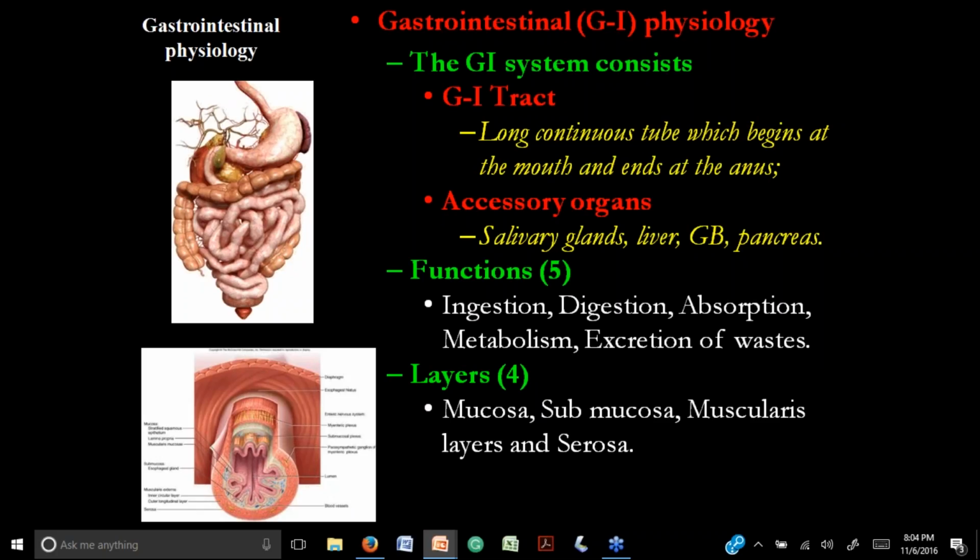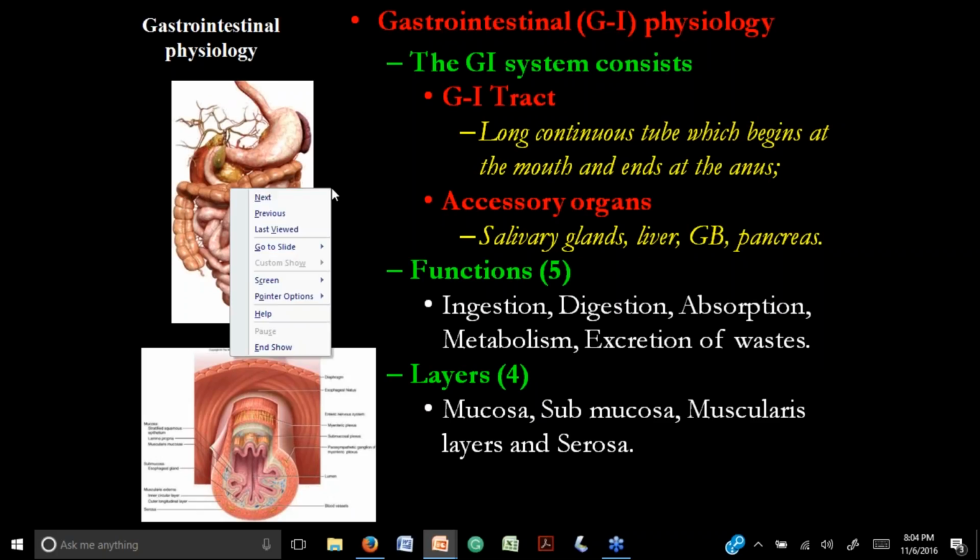But in this small space in between these 3 to 5 millimeters, we are going to find 4 layers. One is the mucosa, the submucosa, the muscularis layer, and the serosa. So how many layers do we have? 4 layers. So let's continue.